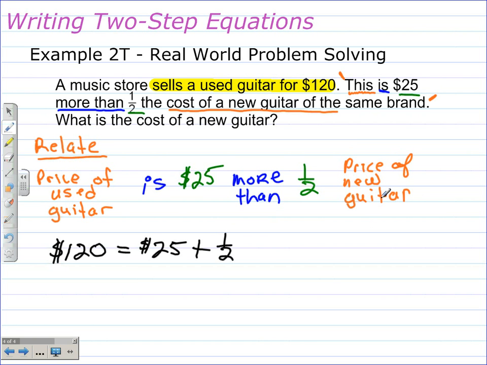And now here, the price of a new guitar, I'm going to call that P and say P is equal to the price of the new guitar. Should be a G, not a Q, guitar. So that'll be one half P.